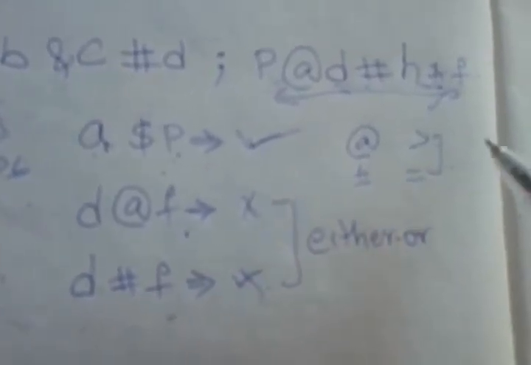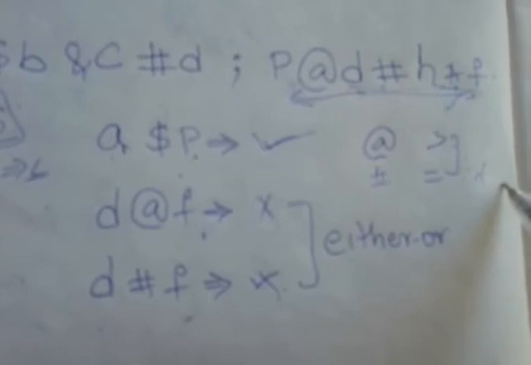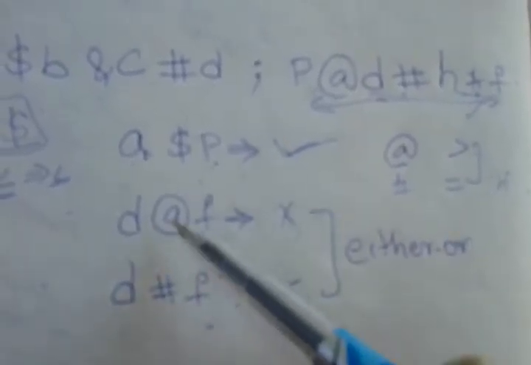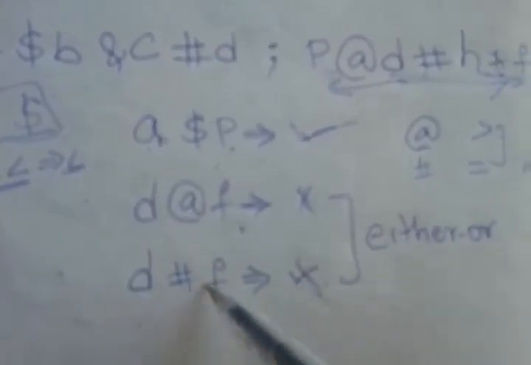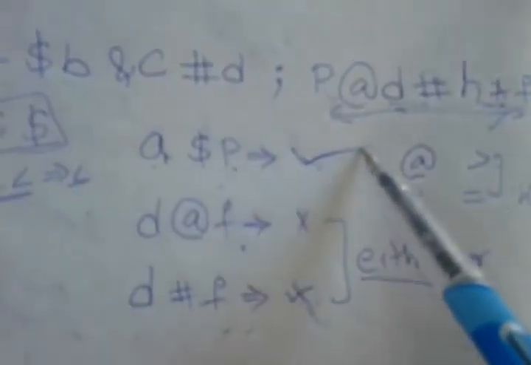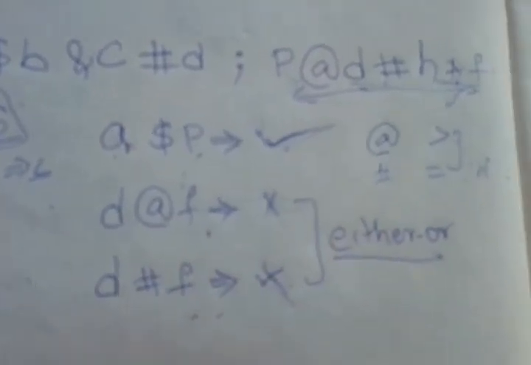Is D equal to F? No, wrong. But what we have is D star F, that is greater than or equal to. So whenever we have two wrongs and two variables are the same, is it greater than or equal to? Yes, either greater or equal. So that is the reason why I have either greater or equal. And what I'll choose as my answer is 1 and either 2 or 3.